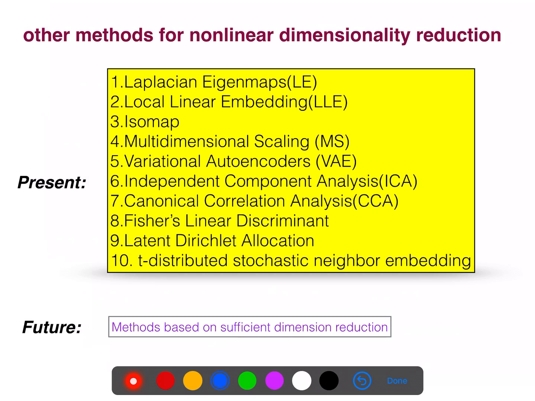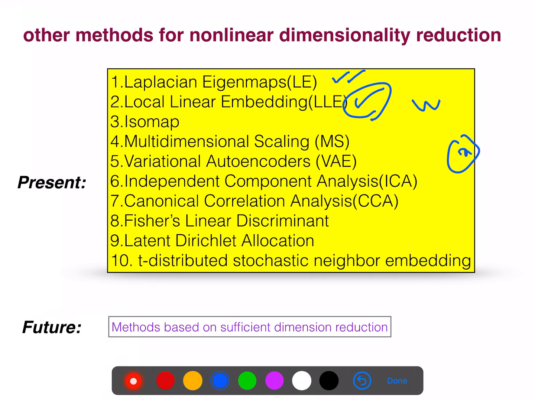And of course, there are many other methods for dimension reduction, especially for nonlinear dimension reduction: Laplacian eigenmaps and local linear embedding. For example, in local linear embedding, you try to find that Laplacian graph as you do in Laplacian eigenmaps, but this one you try to decompose a graph into some patches, and then you find the weights in the x space.